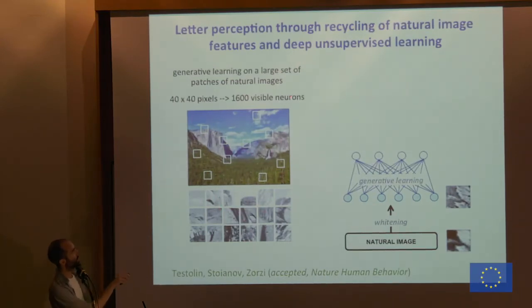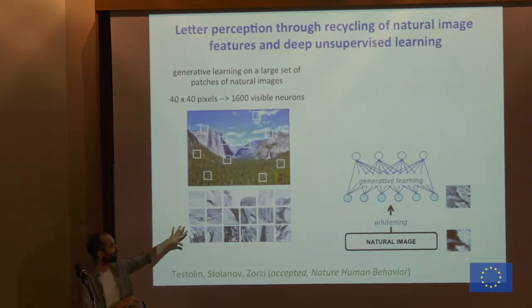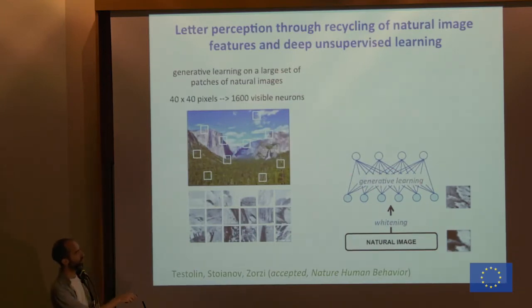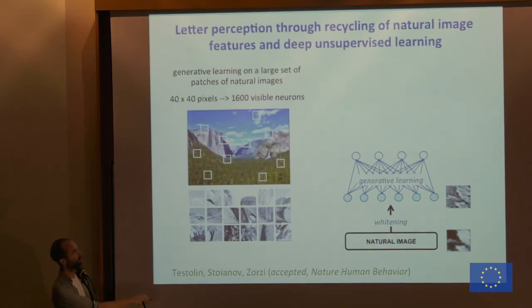So there were different subjects, like the Yosemite Park you see here. We derived small patches of 40 by 40 pixels. They look like these. And we trained a neural network to generate this type of visual input. We also performed a simple whitening on the images, but this is just a detail.